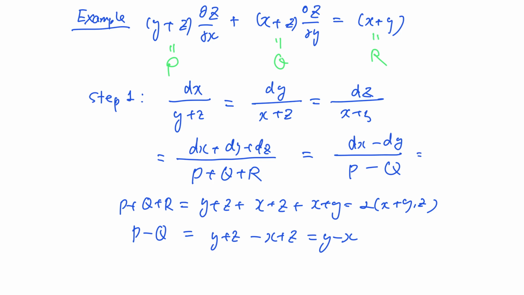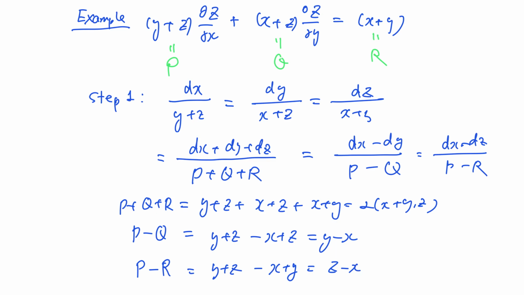Also dx minus dz over P minus R. P minus R is y plus z minus x plus y, which is z minus x.